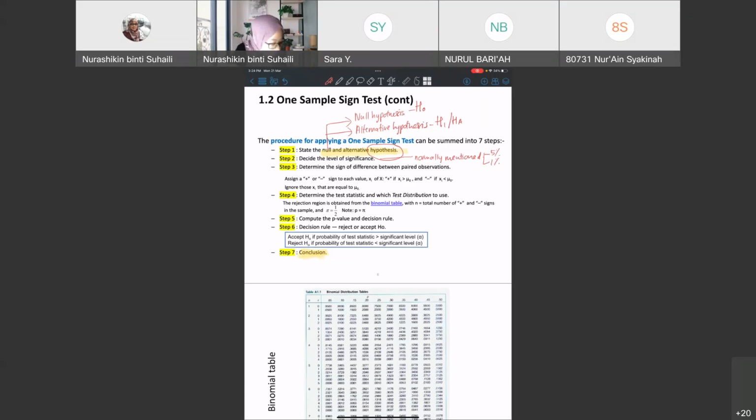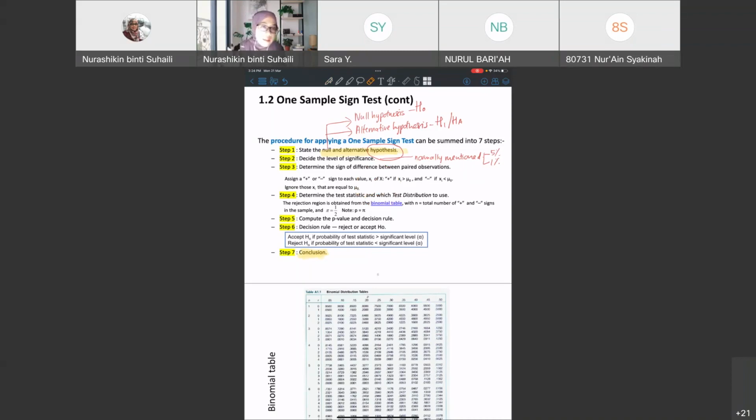Okay, the third step is to determine the sign of difference between paired observations. This one I will show later. Then determine the test statistic and which test distribution to use. For these tests, you have to use a table called the binomial table.